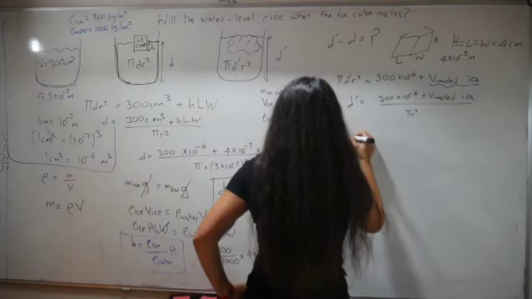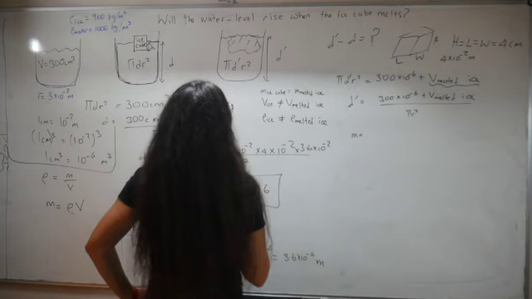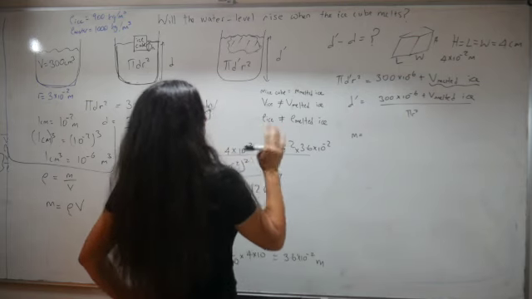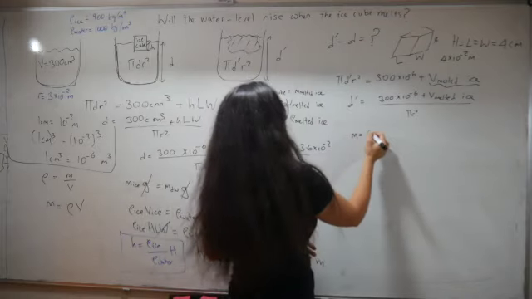Okay. So first of all, we find the mass. And I have, of course, enough knowledge to do that using the ice cube, because I know the density of ice.